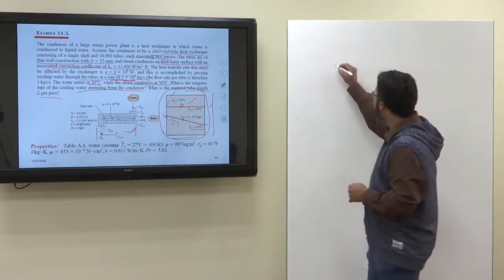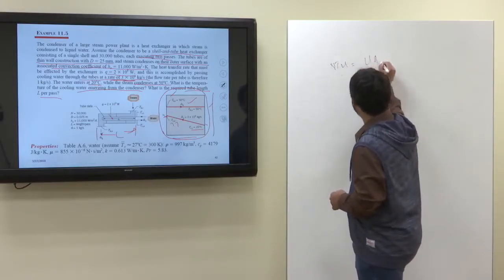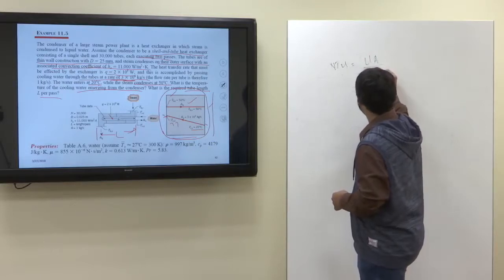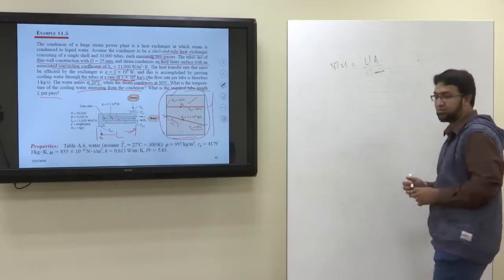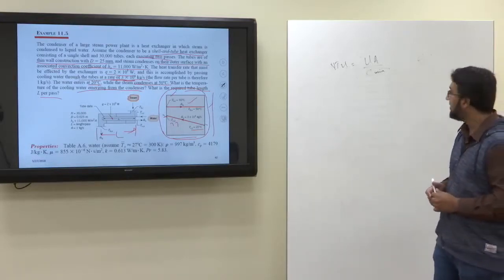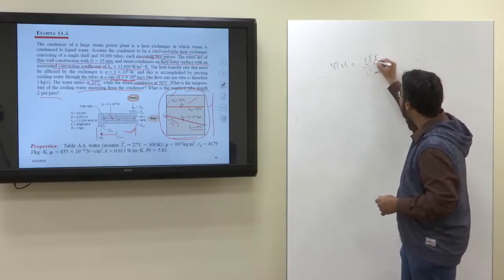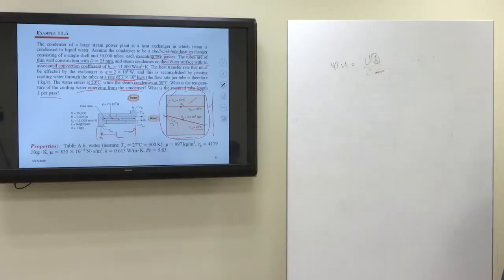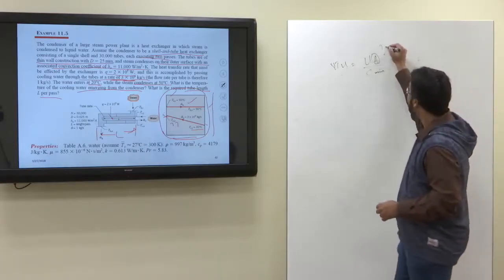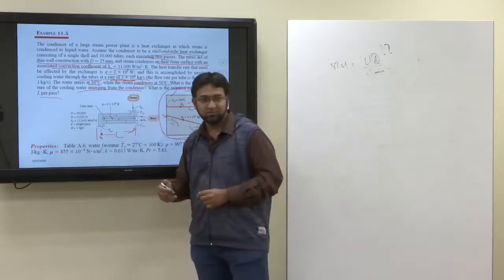Now we have NTU equals UA over C minimum. And we have effectiveness. Now this is the case where we want to find the area. Why? Because we don't know the length. We want to find the length.